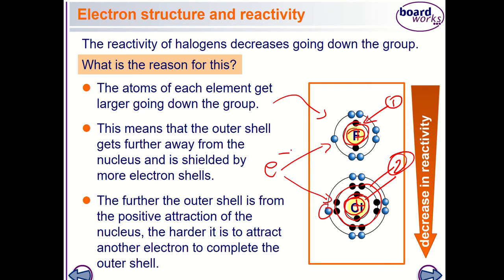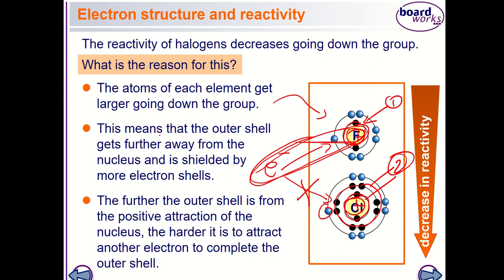That very simply means that this electron here will be much more strongly attracted to the nucleus of the fluorine than the nucleus of our chlorine in the bottom right hand corner here.